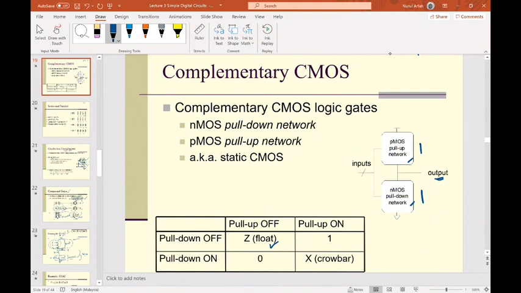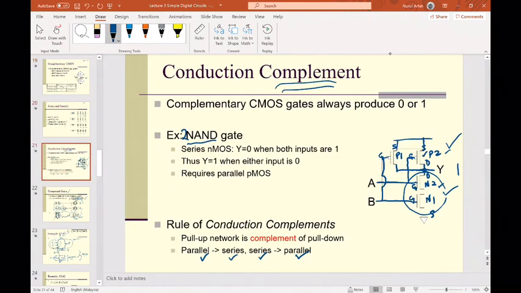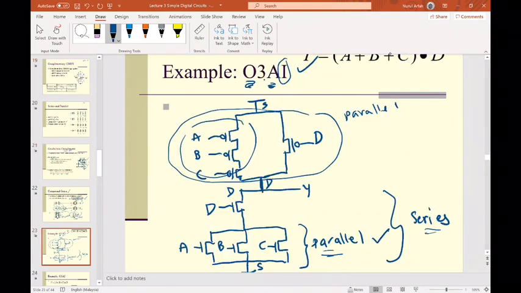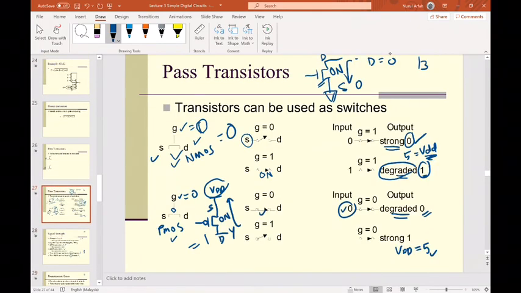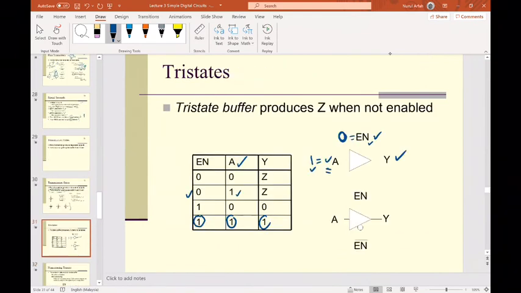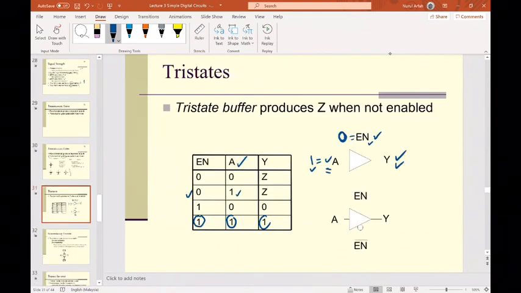When pull down is off and pull up is off, then you have a floating Z there for the output of Y. So even though the input is 1, but enable is 0, then the buffer here will have an output equal to Z.